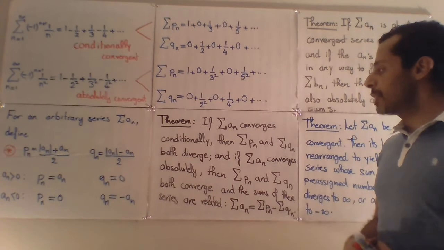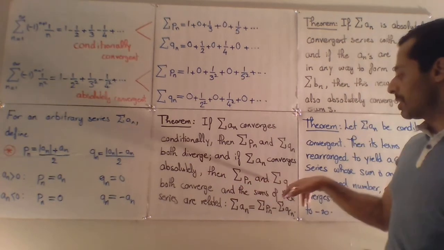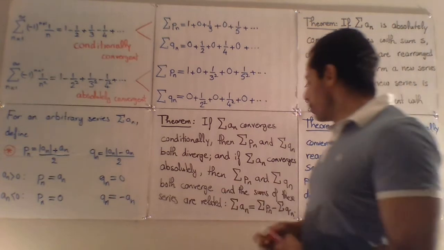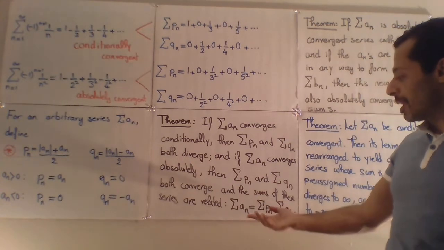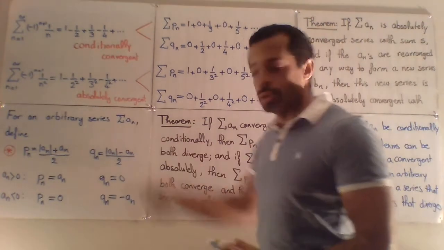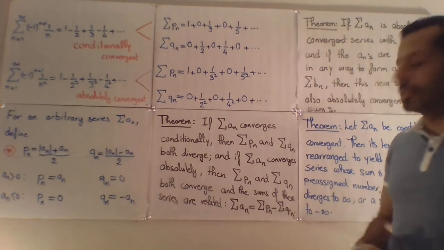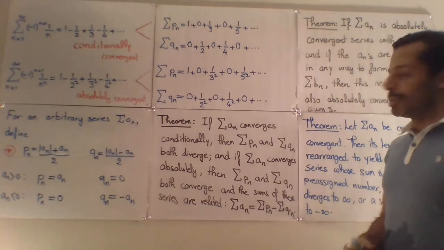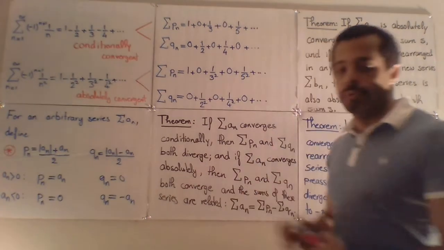And if sigma An converges absolutely, then the two series sigma Pn and sigma Qn both converge, and the sums are related as expected: the sum of the original series will be the difference of the two sums, sigma Pn minus sigma Qn. The proof of this is not difficult, but I'm not going to prove it.